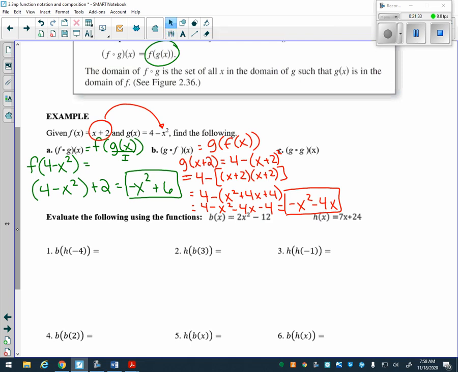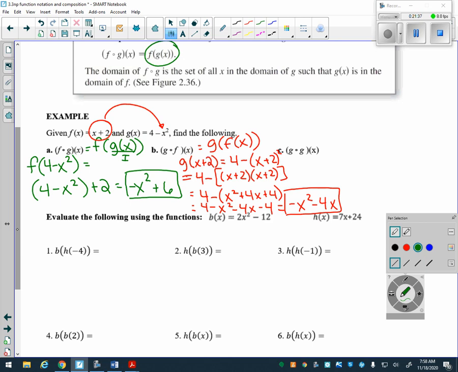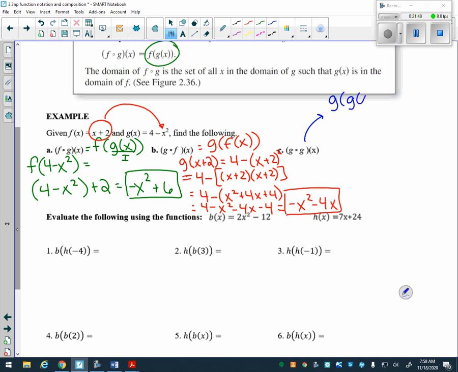Okay, now the other one here is you are going to be composing a function within a function. So you have g composed with g of x. So that looks like this. That means we have g of (4 minus x squared).